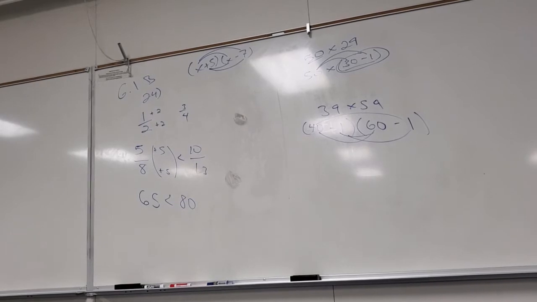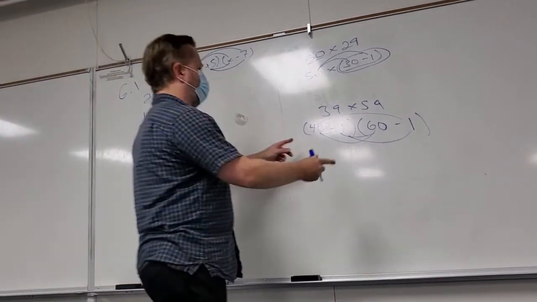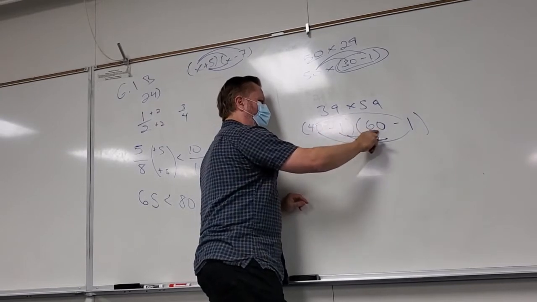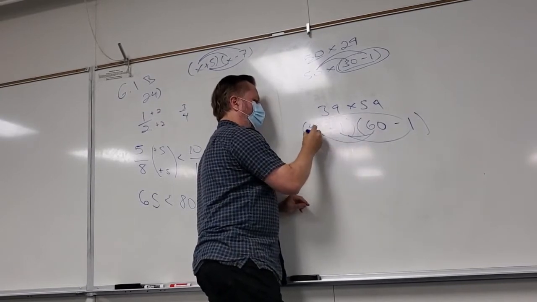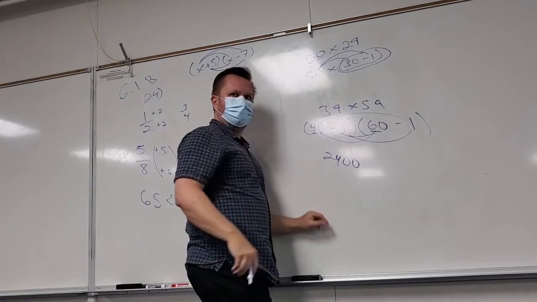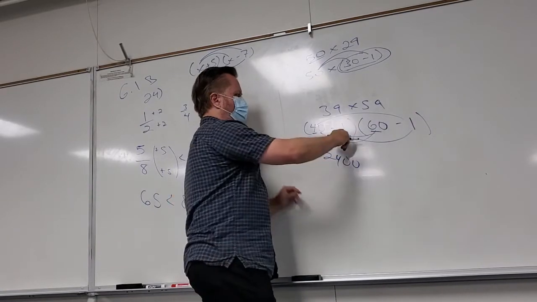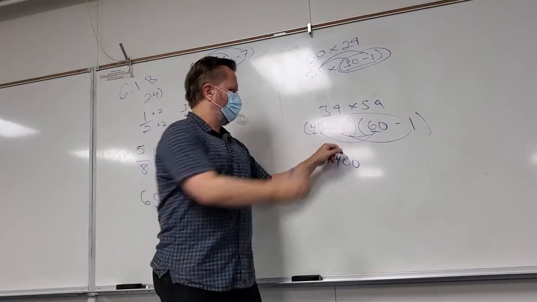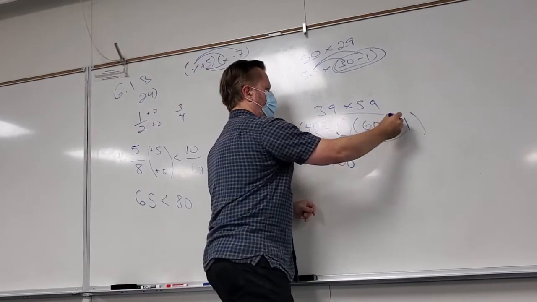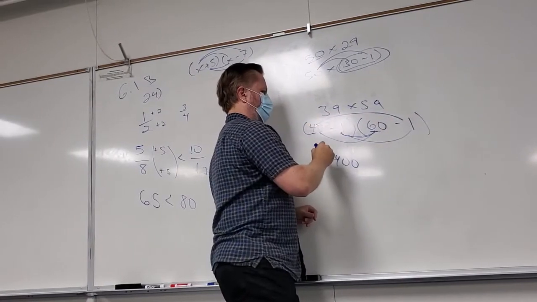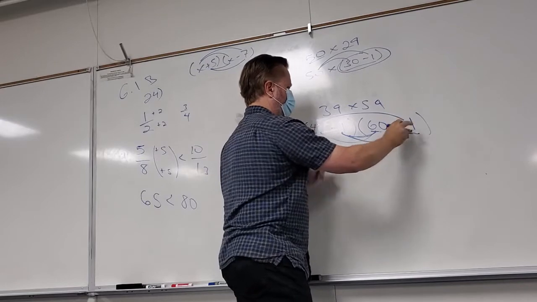Yeah, totally. So 40 times 60, any whole number multiplied like that has got to be easy. 4 times 6 is 24, then two zeros. And then you just got minus 60, minus 40, and then plus 1.